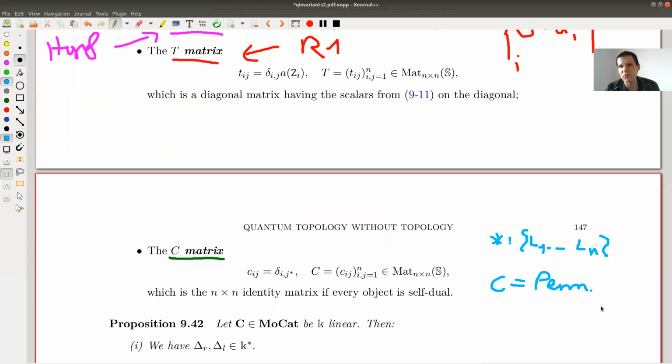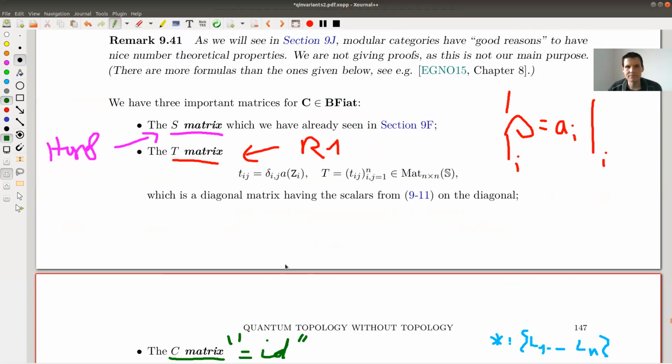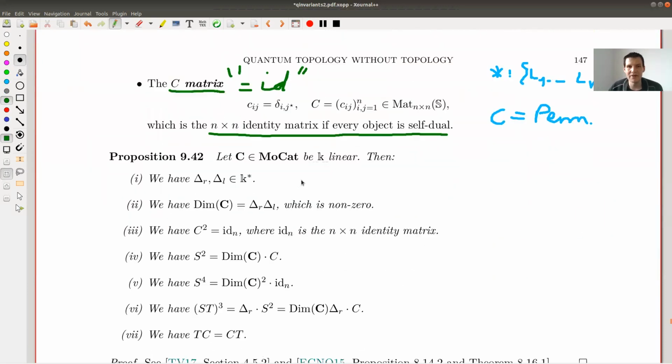Sometimes things get permuted and you need a permutation matrix to make statements true, they're true up to permutation. And in a lot of cases, or at least the cases I would like you to think about for now, the C matrix is just the identity. You can kind of forget it. It's a technical matrix to make things work. The crucial players are the S and the T matrix. The C matrix is just whatever it is.